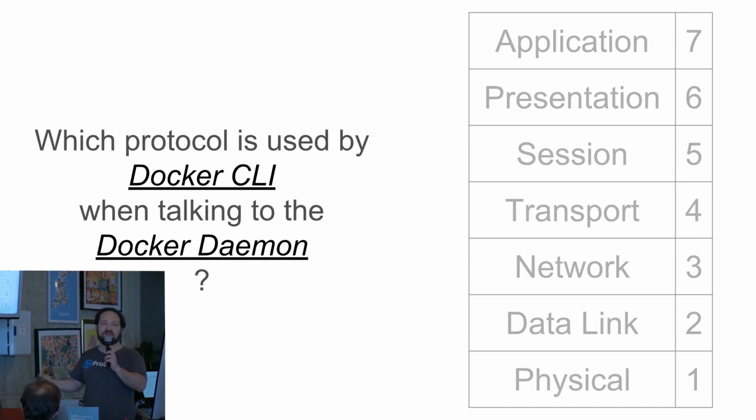So, this is a trick question in many ways. What is the protocol being used by the client to talk to the daemon? These 7 numbers are the OSI model of networking layers. In each layer, there are multiple protocols. HTTP, yes.